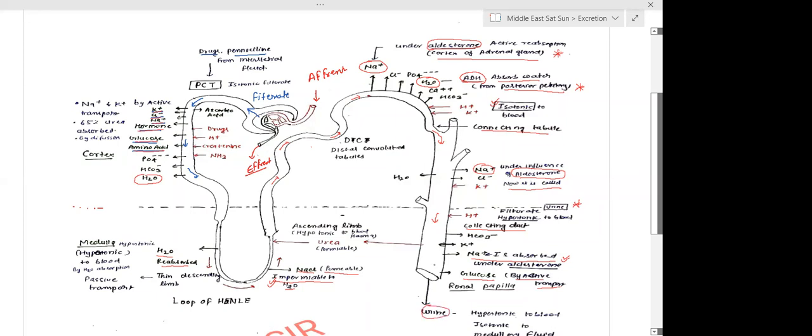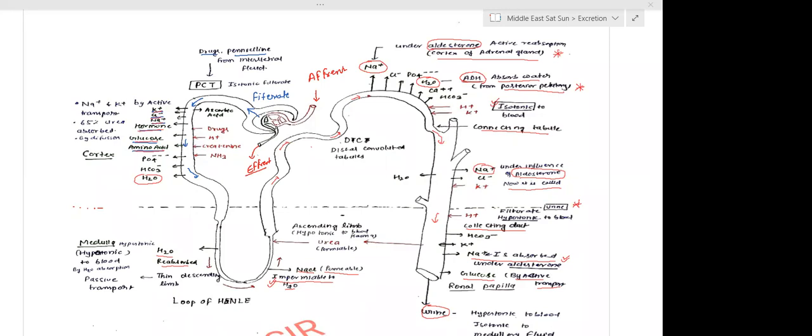Tell me, is it crystal clear for all of you? In case you have any doubt, any question, please ask me right now. Yes, guys. Urine formation is clear. Okay. So it's clear for you.